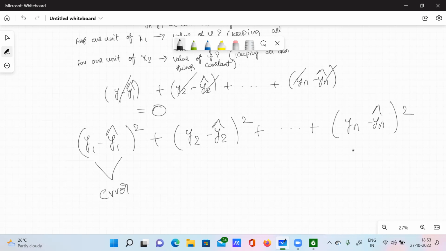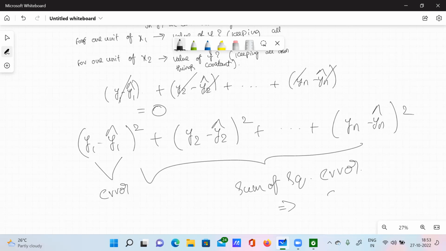So basically, instead of just adding up all the errors, you are squaring them, and the whole thing now becomes the sum of squared error. Further, you divide this sum of squared error by n.